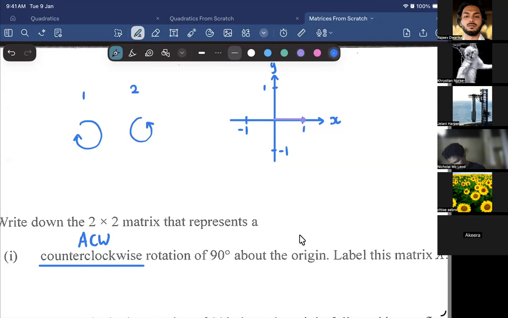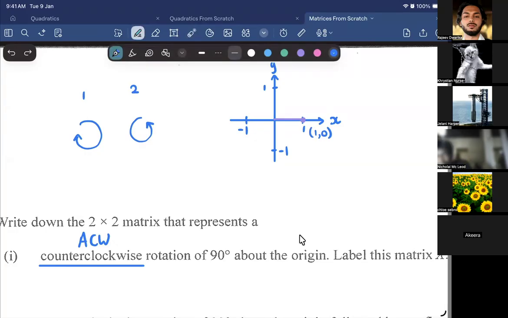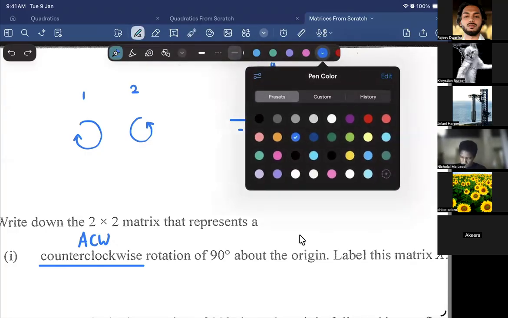So if I were to write this as a point, wouldn't this point be 1, comma 0? Yes. That's 1, comma 0. And I want to rotate this 90 degrees anti-clockwise. So this is what that's going to look like.